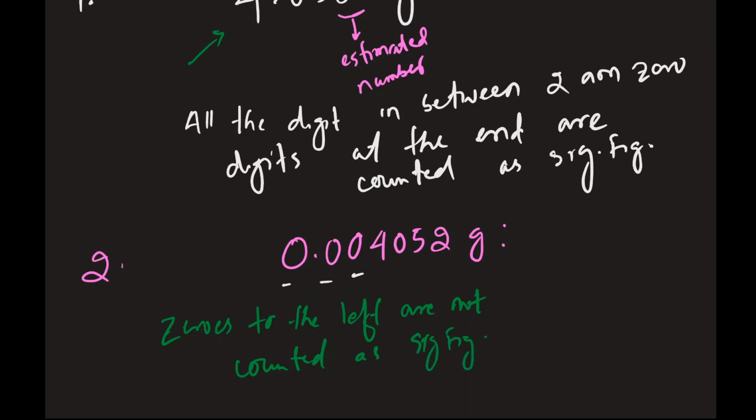So how many sig figs are we going to have in this case? We will have 1, 2, 3, 4, because 4, 0, 5 and 2 are between the non-zero digits. So this will also have 4 sig figs. You get the answer? These zeros will not count; these will count.